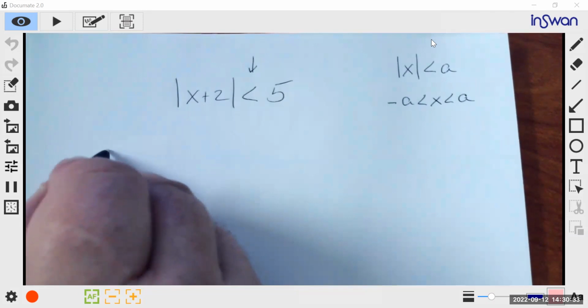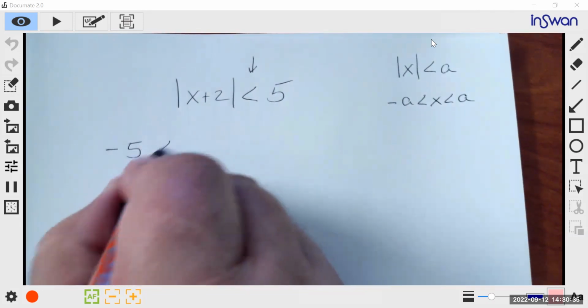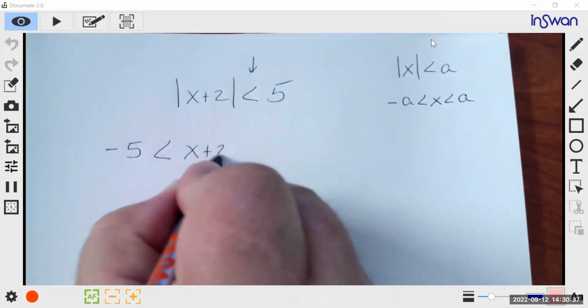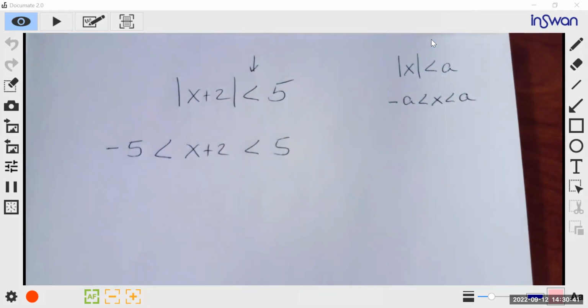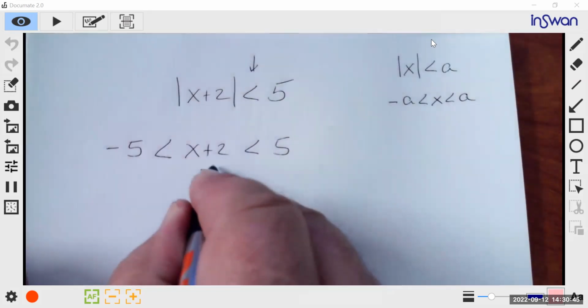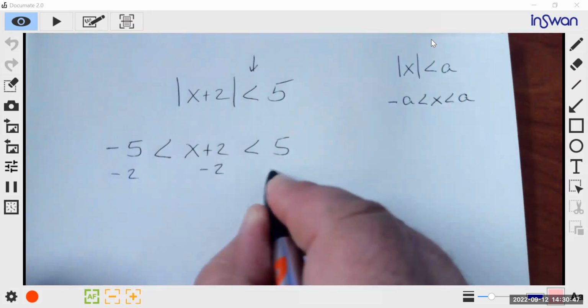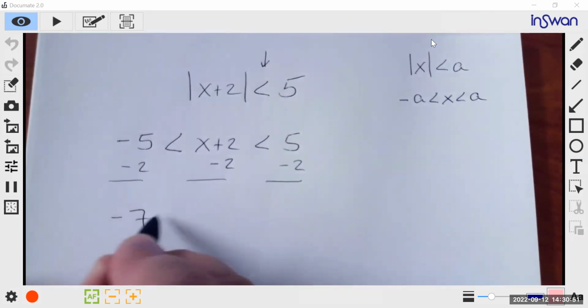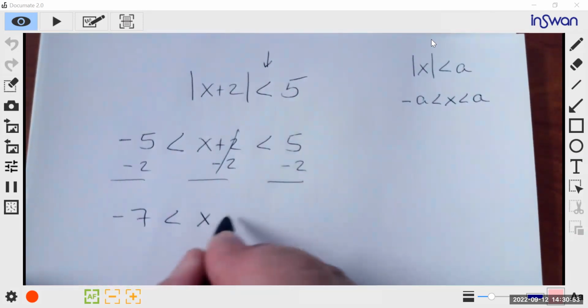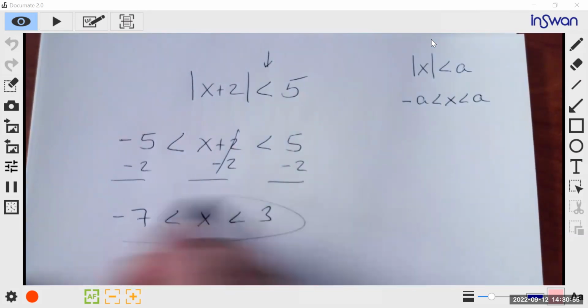If I do that, I have negative 5 is less than x plus 2, which is less than 5. So now I can solve this. Negative 7 is less than x is less than 3. And this is your answer.